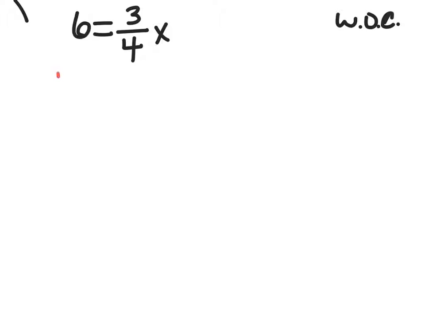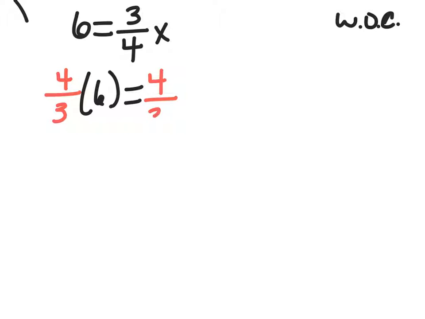So the reciprocal will be 4 over 3, times 6, equals 4 over 3 times 3 over 4 x.